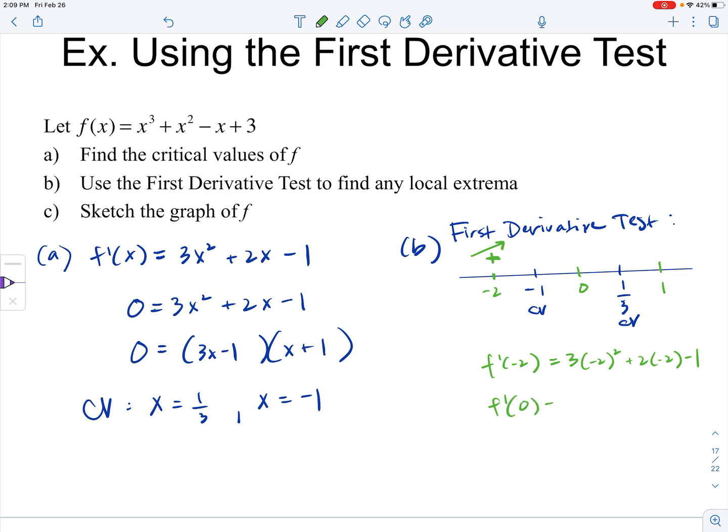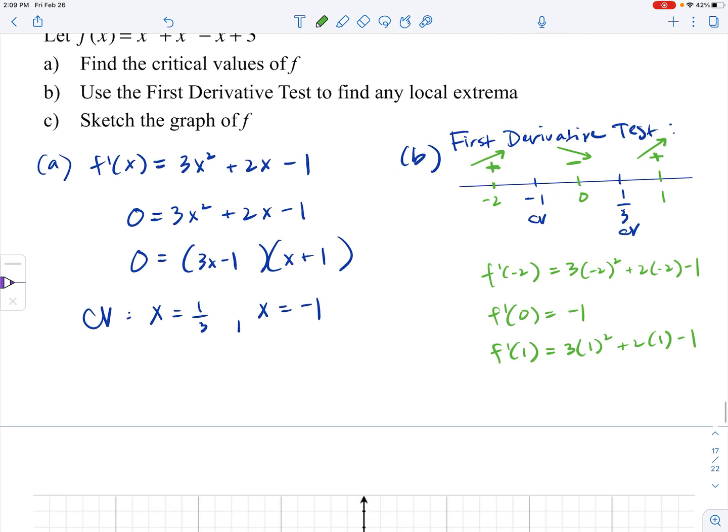So increasing to the left of -1. f prime of 0 would be -1. So it changes to decreasing. And then f prime of 1 would be 4. So it switches again to increasing.